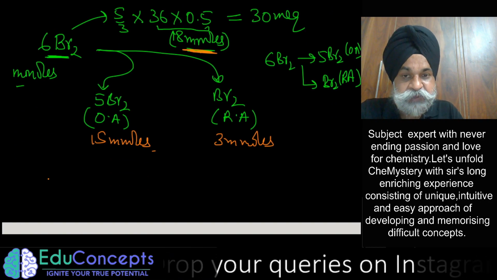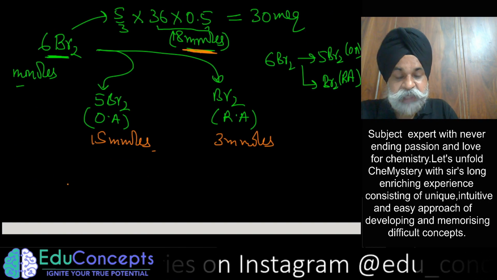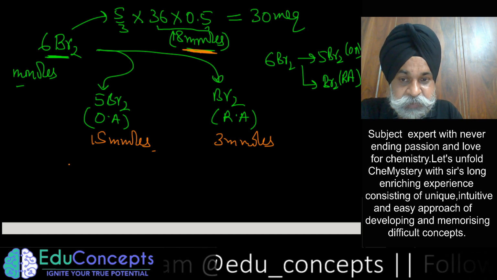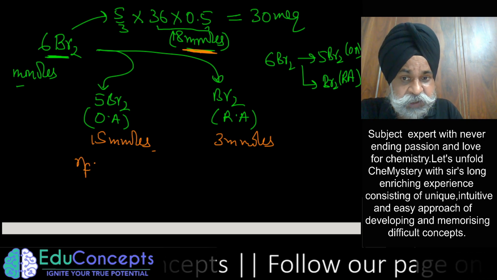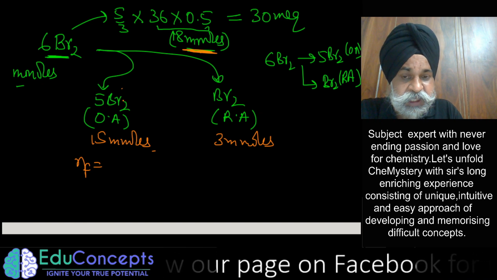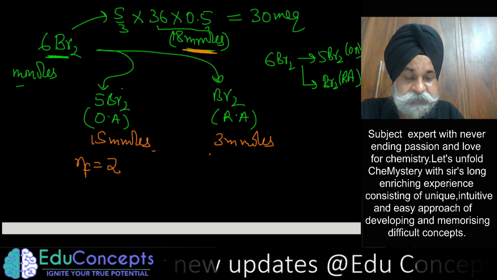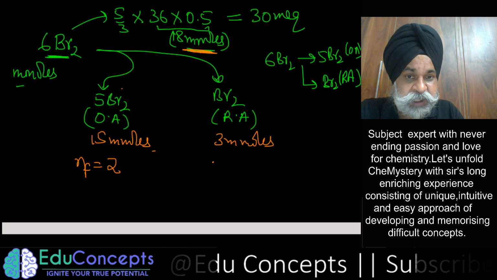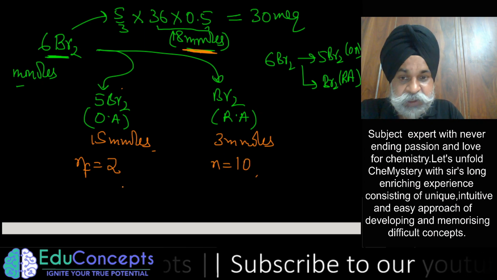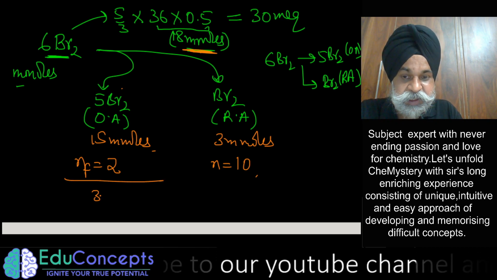Another viewpoint which would help you understand the subject better: if I write the n factor of this Br2, the n factor was 2, just refer to the previous slides, and here the n factor was 10. Now here also you can see it is 30 milliequivalents.